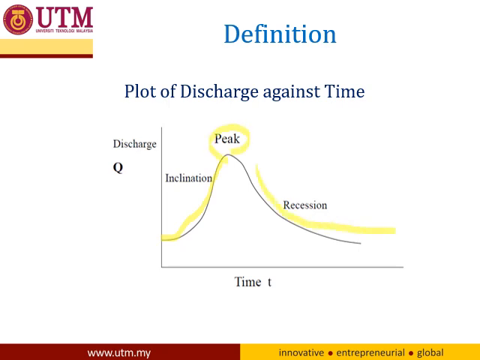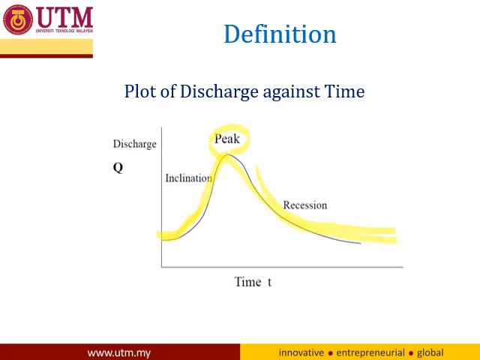So all of these have some meaning, okay, because we use a hydrograph when there is a storm or rainfall. So when there is a rainfall, then we will have this kind of discharge pattern, inclination, rise of the limb, peak, and then some recession.